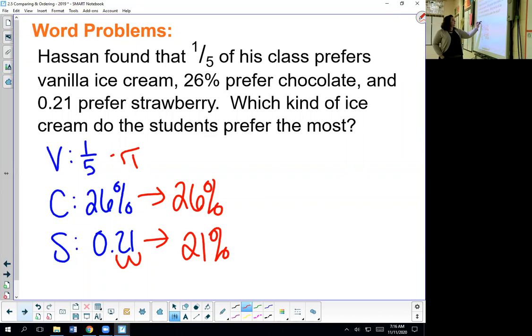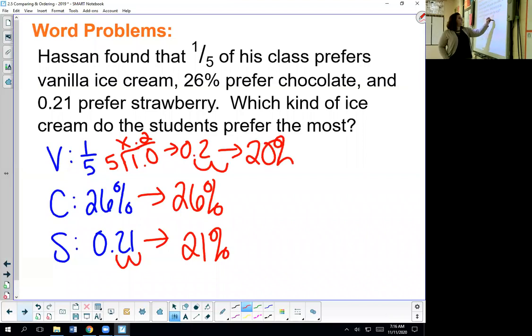Well, 5 goes into 1, doesn't work. If you got 0.2, let's change that into percent. Boom, boom. So this would be 20%. So vanilla is 20, chocolate is 26, strawberry is 21%.